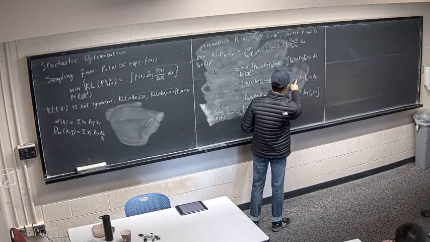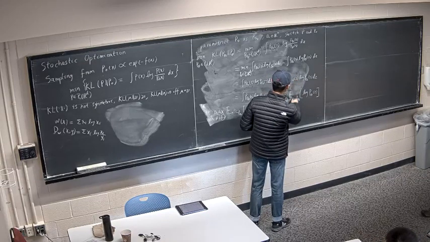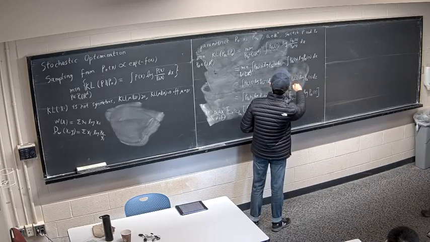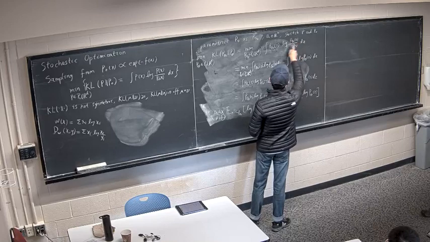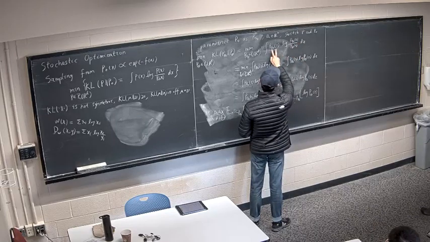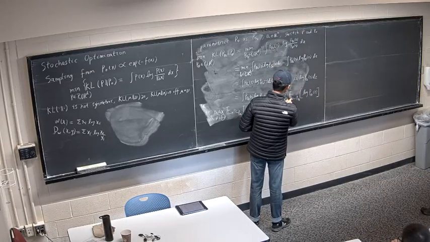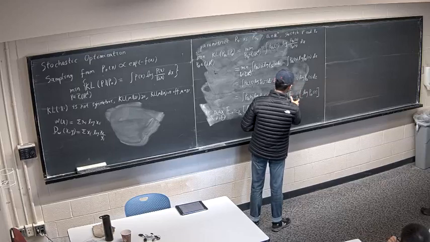Z follows this distribution because Z is from here. This is the density that Z needs to satisfy, the PDF. So Z is from P theta 0. And so if you write this expectation as an integral, you first need to have the density for this Z, right?